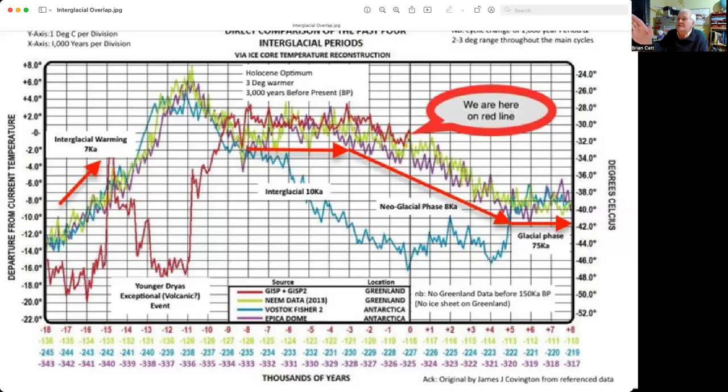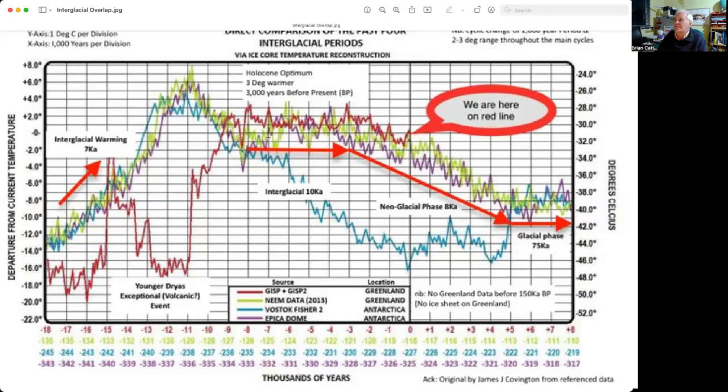But in general terms, first of all, we wouldn't expect things to be exactly the same every time. Second of all, it's fairly obvious that you are getting variability in the range of 2 degrees per 1,000 years throughout these cycles, and that now is colder than the normal interglacial stable level, the optimum level, and that all happens at 280 parts per million of CO2.